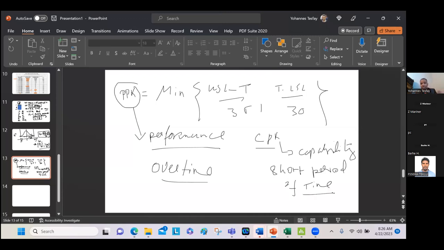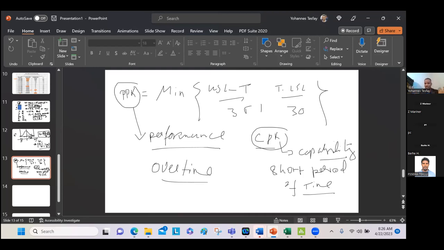Did they understand? For example, you did preventive maintenance and then you want to check whether your process is okay or not. So in that scenario, what are you going to do? You're going to calculate CPK, okay? When you do CPK right there, it's going to tell you your capability at that instant. At that instant.